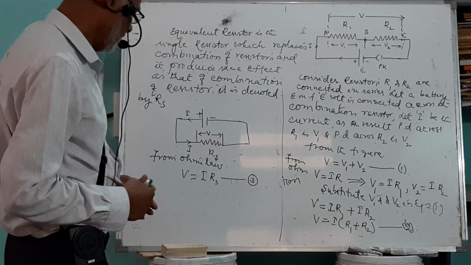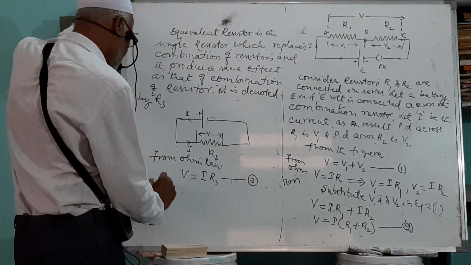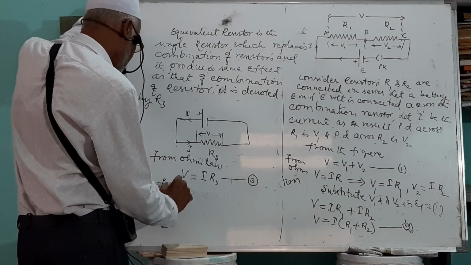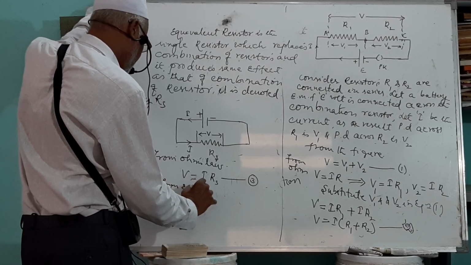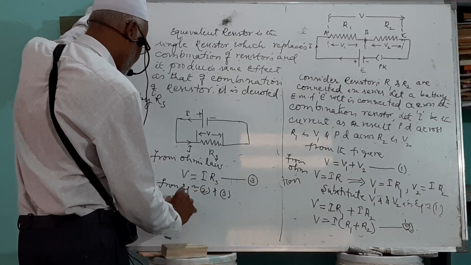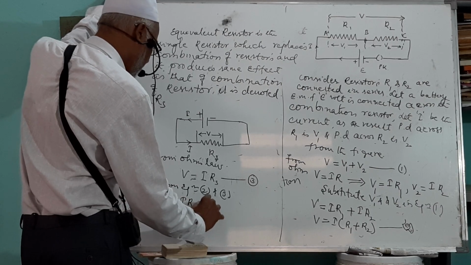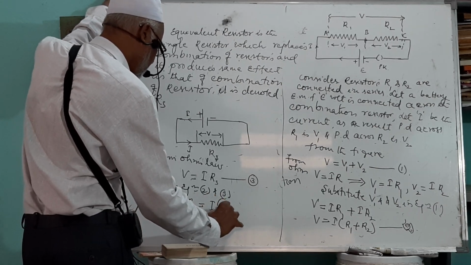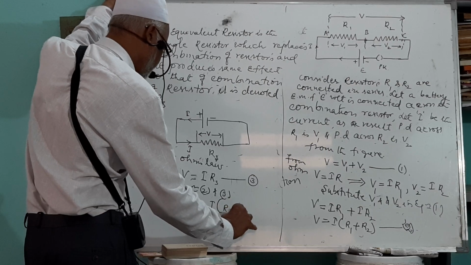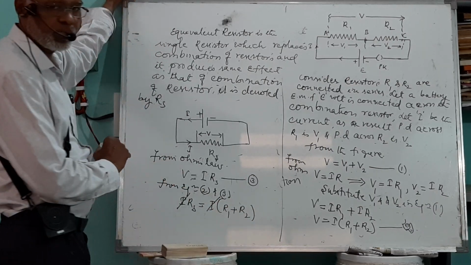So from equations 2 and 3, I can write I Rs is equal to I times R1 plus R2. You see that I gets cancelled.